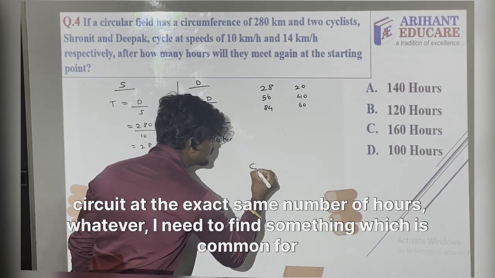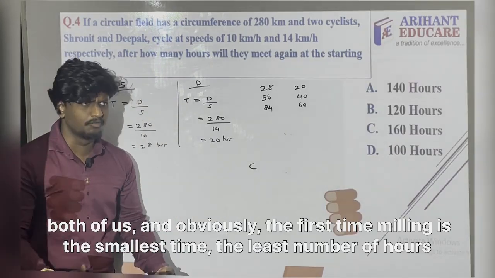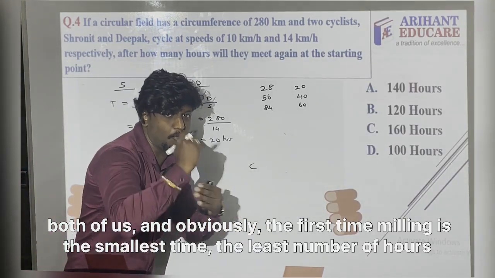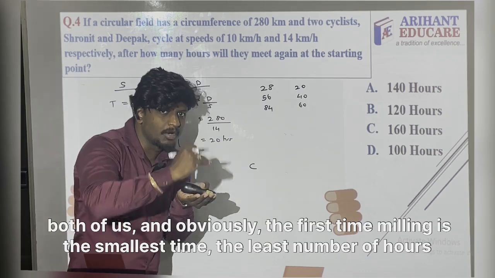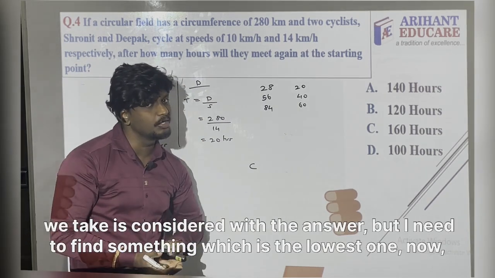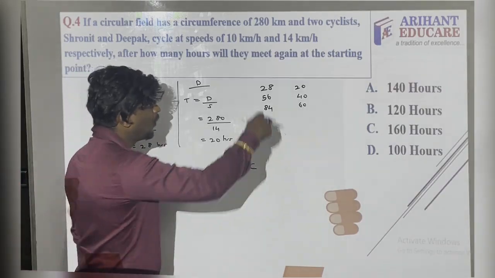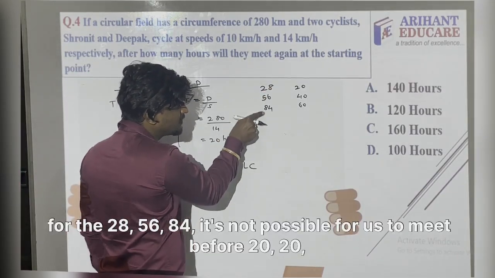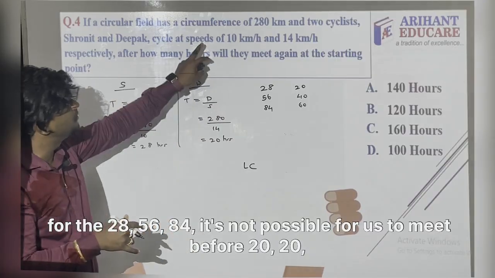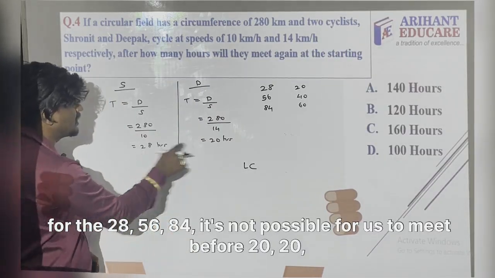Right? I need to find something which is common for both of us. And obviously, the first time we meet, the smallest time, the least number of hours we take is considered to be the answer. I need to find something which is the lowest one. Now, what are these? 28, 56, 84. Right? It's not possible for us to meet before 28 and 20.